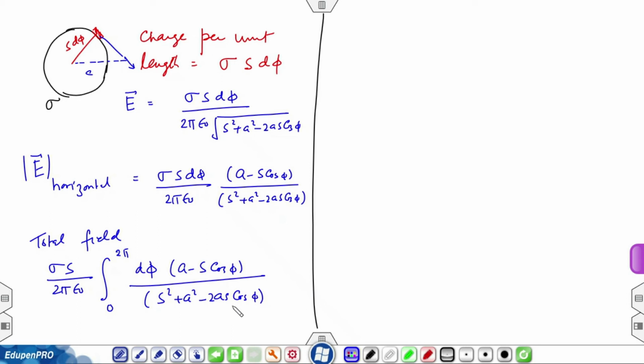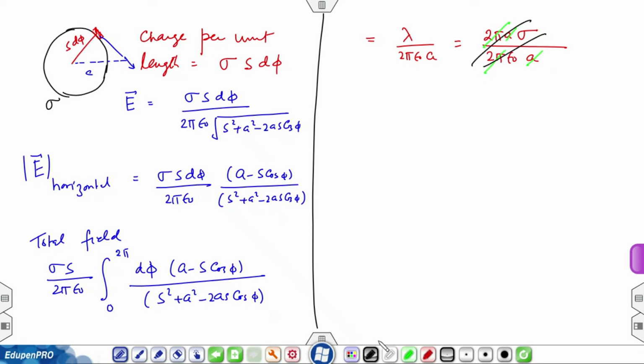And this I know is equal to lambda over 2 pi epsilon 0 A. Lambda is 2 pi A sigma divided by 2 pi epsilon 0 A. Oh, sorry, this is incorrect.